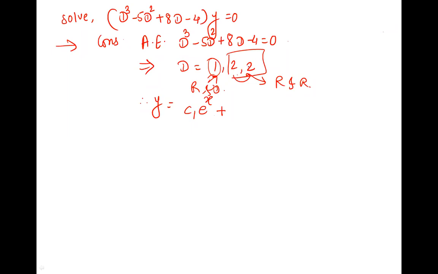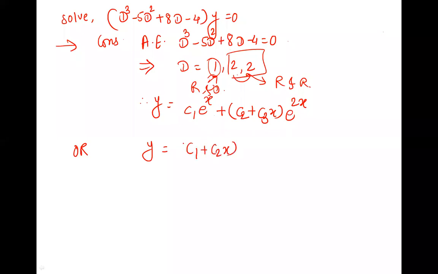Two real and repeated, repeated twice, two constants will be collected. C1 is already used, collect the next two constants. C2 plus C3x, e raised to 2x. Very good. Or you can write this first if you want, like repeating twice: C1 plus C2x into e raised to 2x.